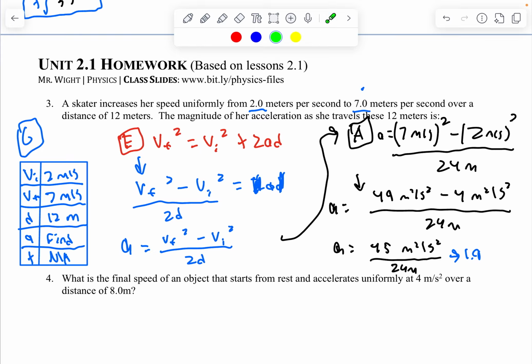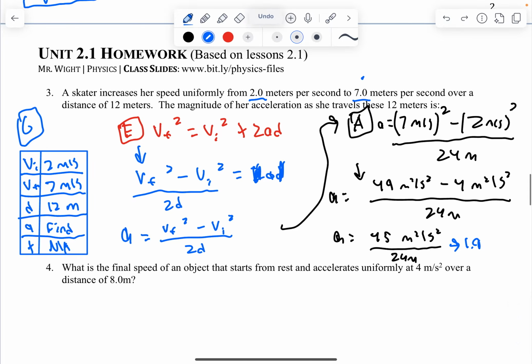That meter is going to cancel out the squared for the meters, and I'll just write that down over here so you understand a little bit better. For the units, we're doing meters squared over seconds squared divided by meters. This cancels out with that, and we get meters per second squared. Good, 1.9 meters per second squared.